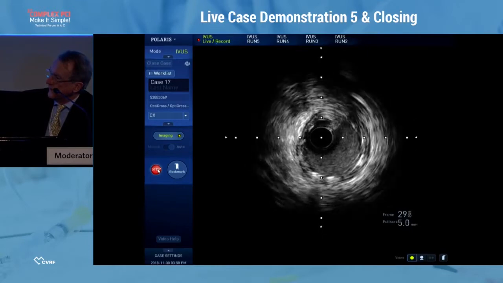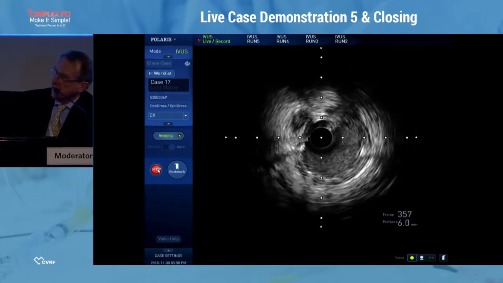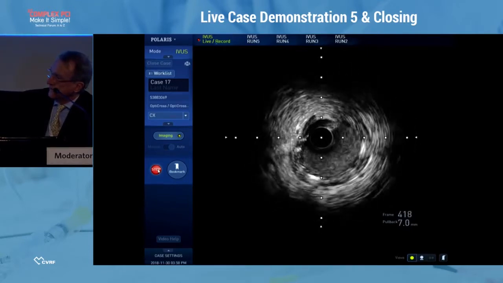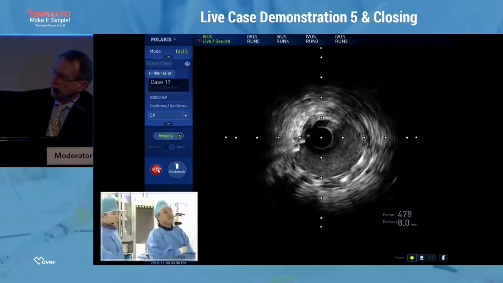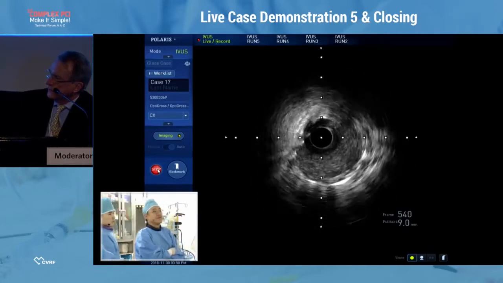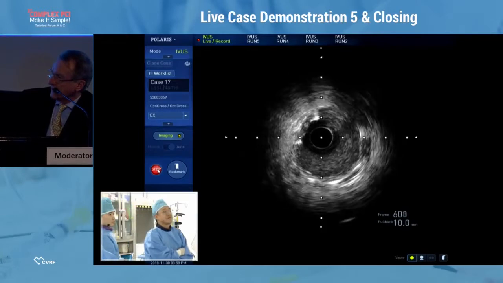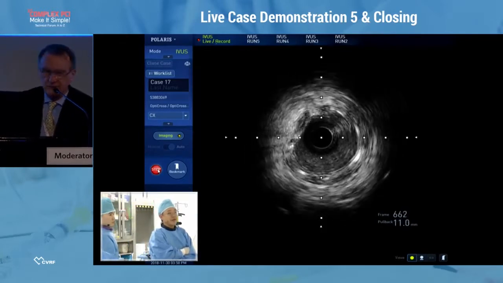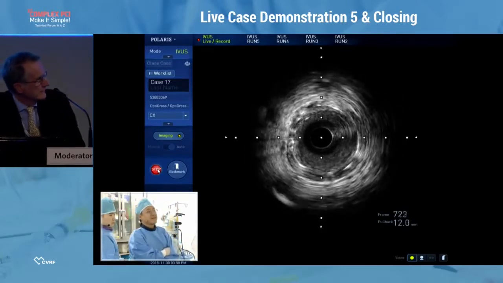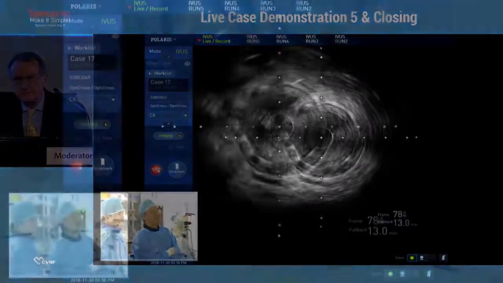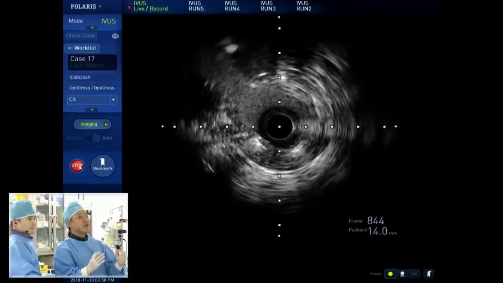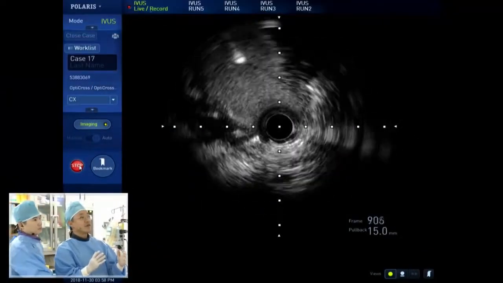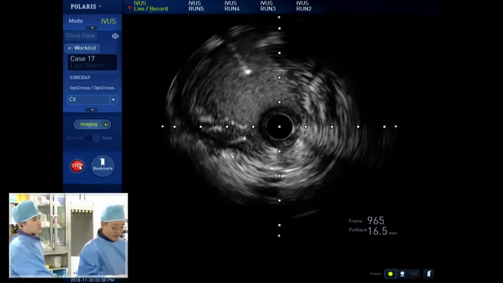We never had such good result with metallic stent. But I don't think it has anything to do with BVS. It's to do with the lesion preparation we made for those devices. This is the ostium, and the stent is much expanded well. This is the ostium of the circumflex. I think it's much improved.